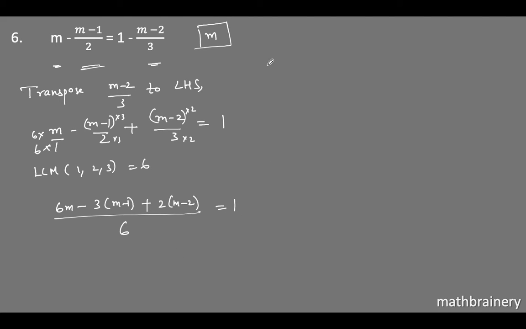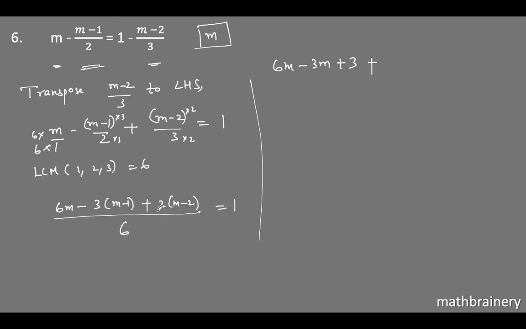Alright. Now let's simplify this. What you have is 6m minus, now 3 into (m − 1), minus 3 into m is minus 3m, minus into minus will be plus. So minus 3 into minus 1 will become plus 3.